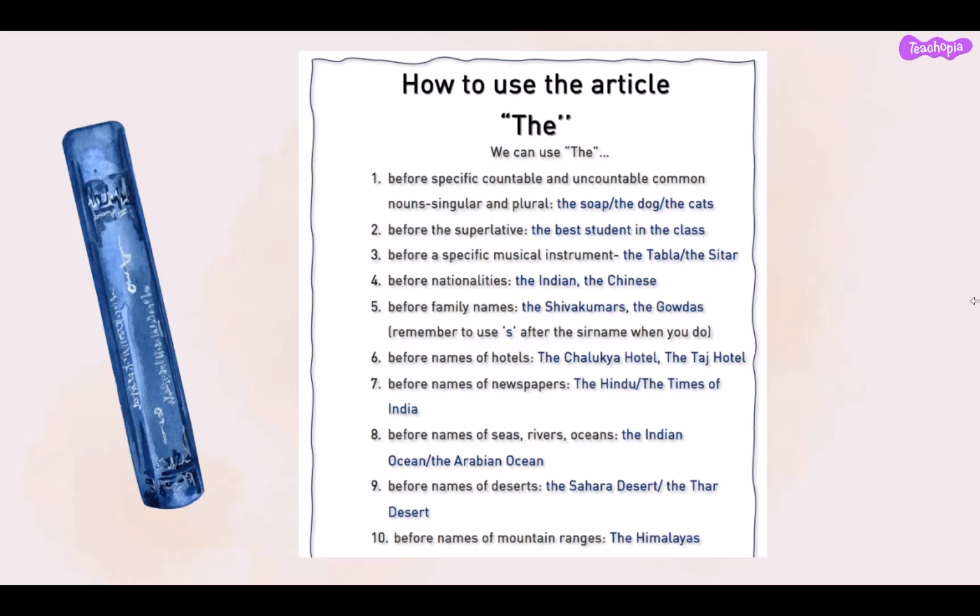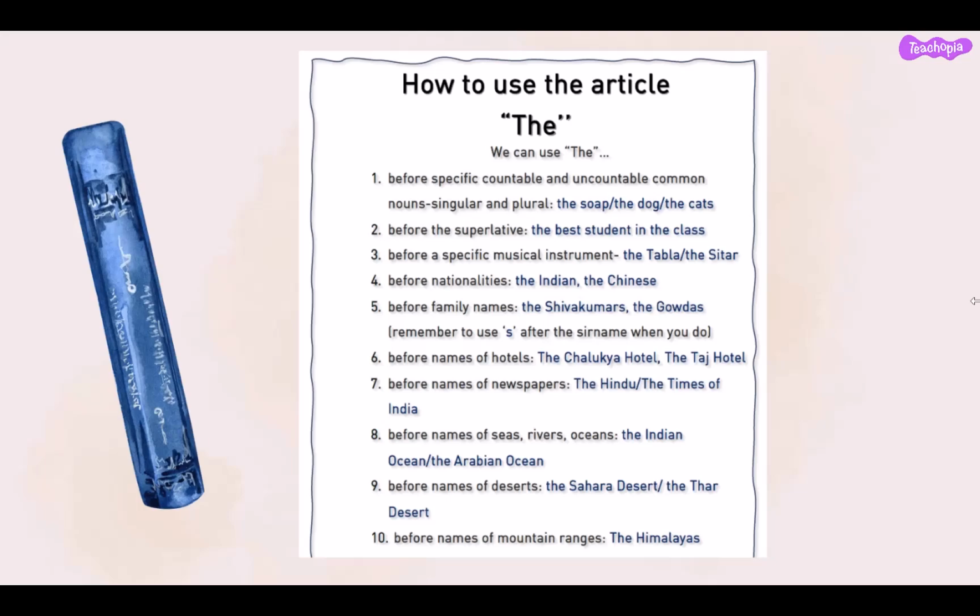Moving on, there's a detailed explanation about how to use the article the. You may go through this entire slide and take the children through them in a very simple manner. For example, if you are telling them that the article the can be used before nationalities, explain to them that the country that they belong to is their nation and their being there is their nationality.